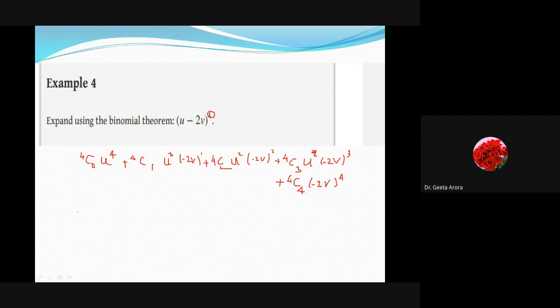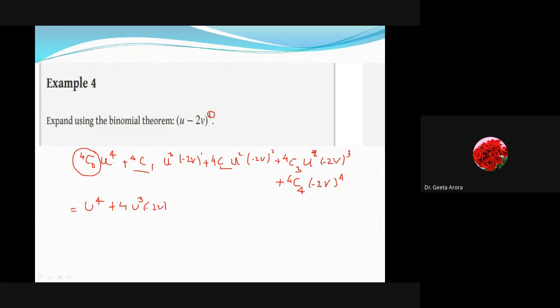So this is the expansion. What is 4c0? 4c0 is 1, so we will have only u4, correct? 4c1, nc1 is always n, so it is plus 4 u cube multiplied by minus 2v, so we can write minus 8 u cube v.